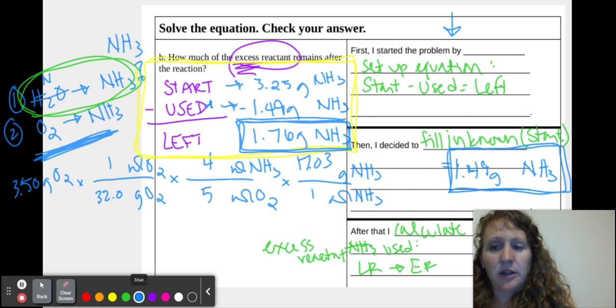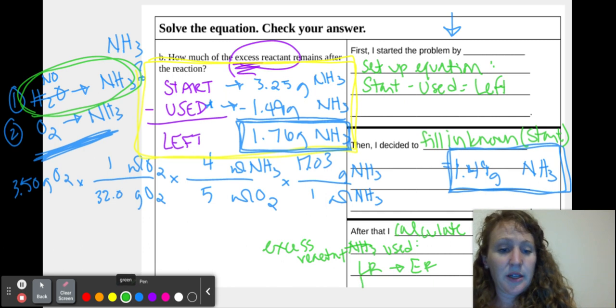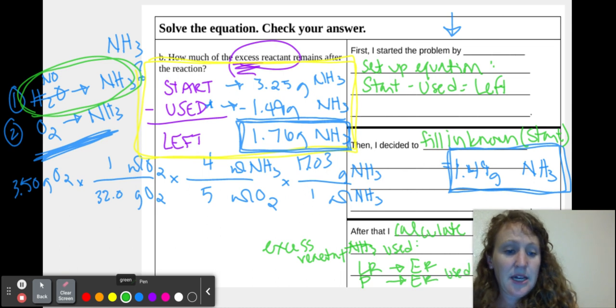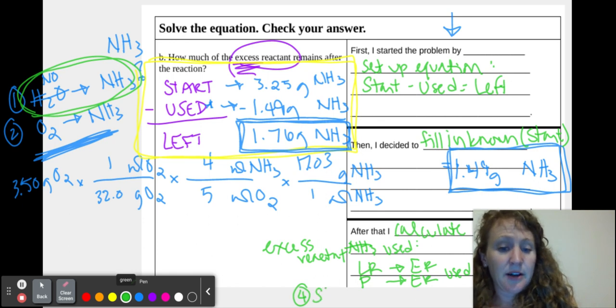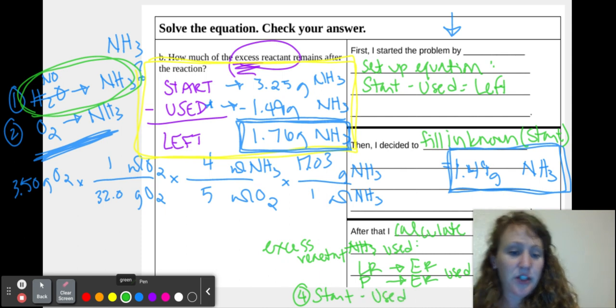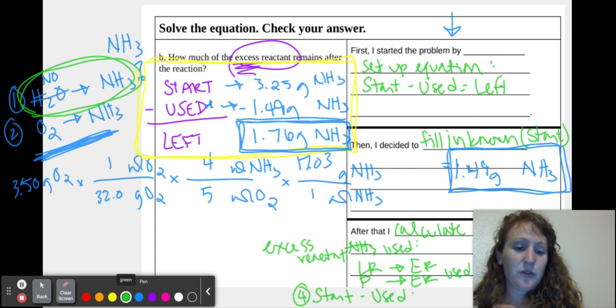We calculated NO. You can also go from your product to your excess reactant used. And then I would say we have a fourth step where we subtract what we used from our starting amount to find what's left.